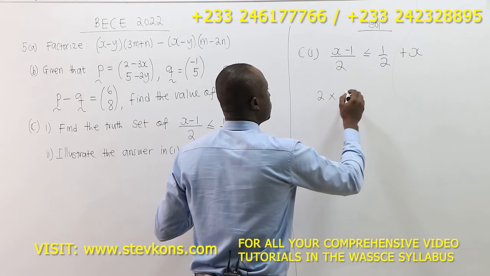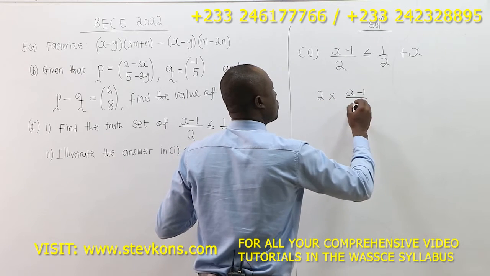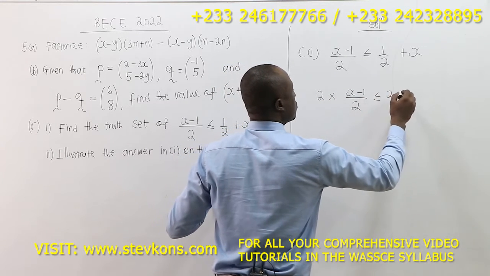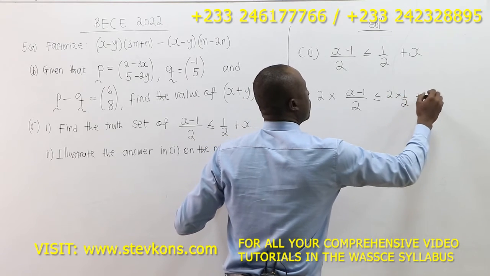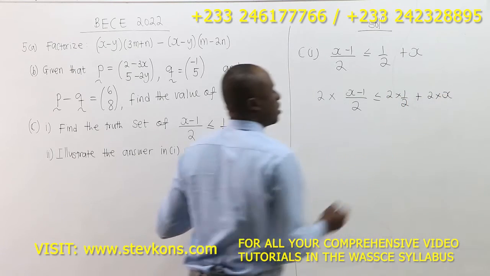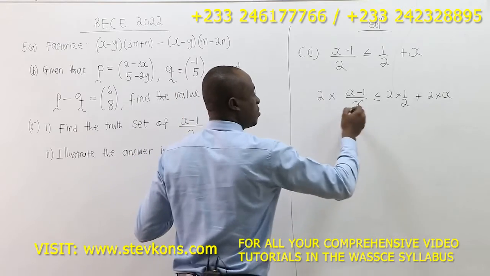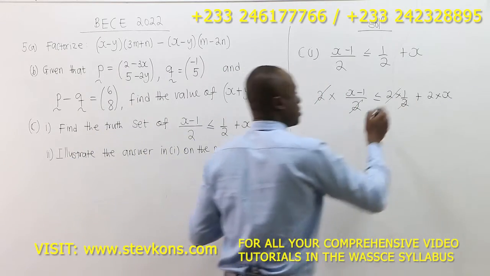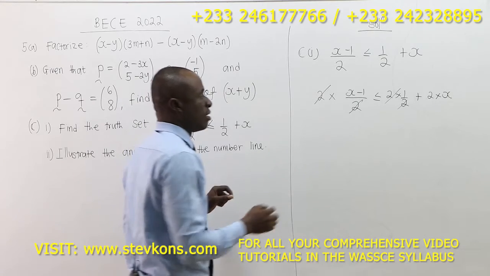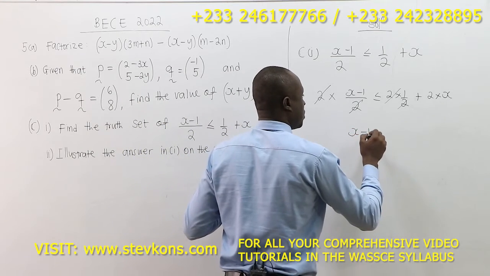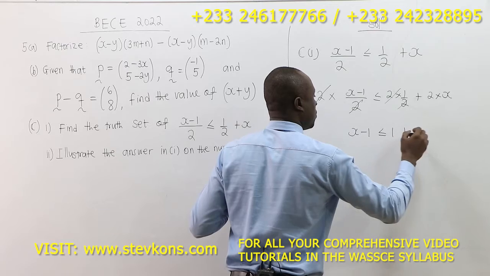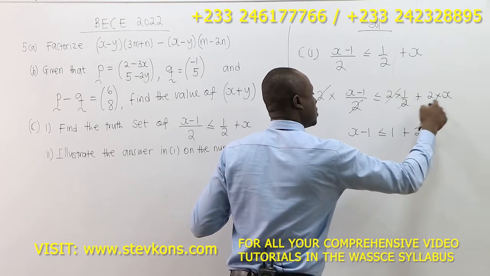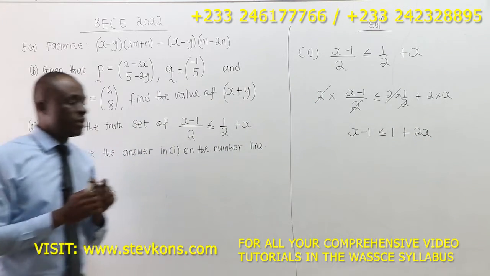So 2 times (x minus 1) over 2 less or equal to 2 times 1 over 2, plus 2 times x. Now this 2 is cancelling the 2 over here, and this 2 is cancelling the 2 also over here. What do you have? You have x minus 1 less or equal to 1 plus 2x.